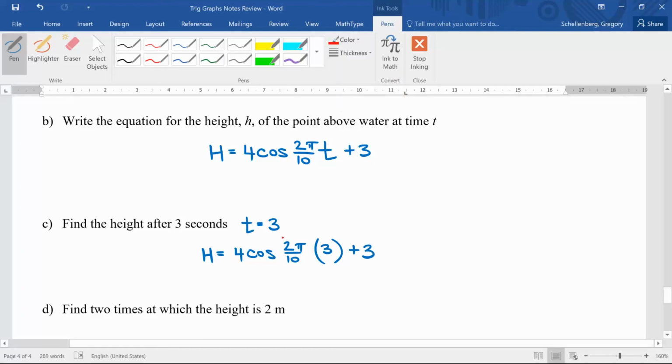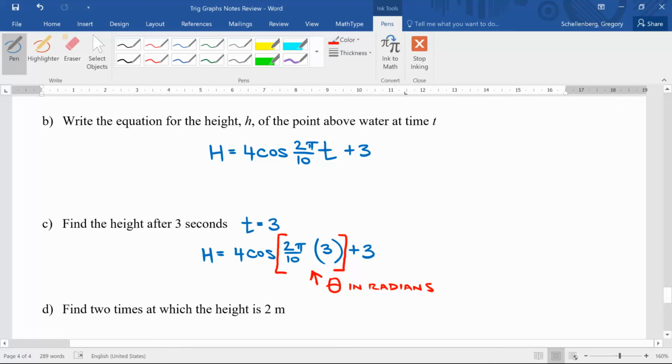And just one more reminder, I'm going to put a set of square brackets around all of this. This is our theta in radians.